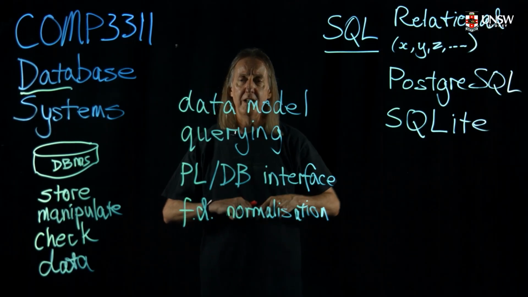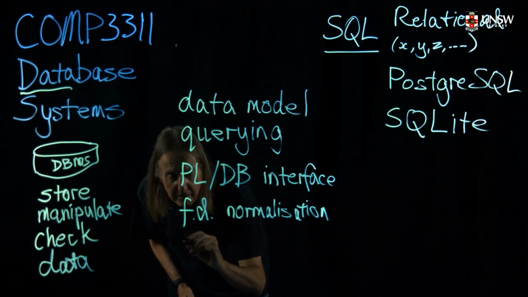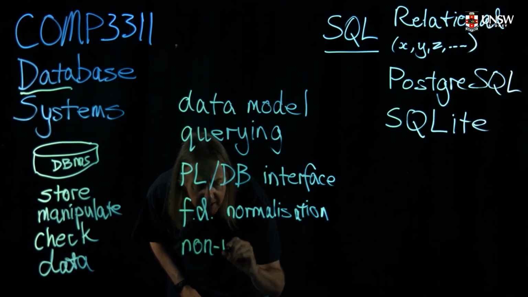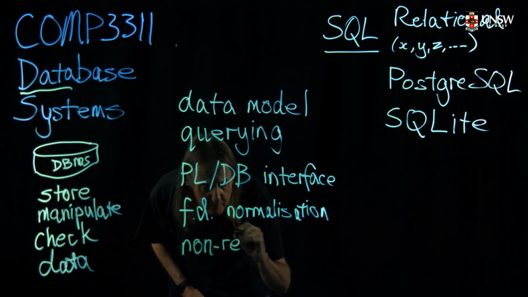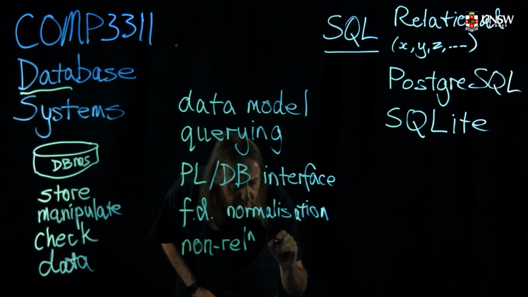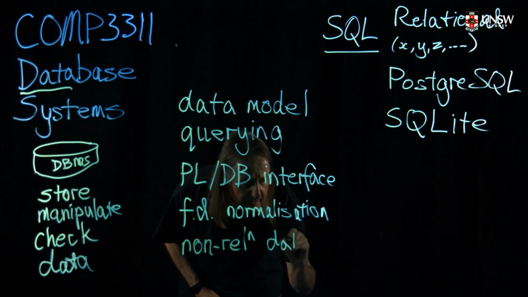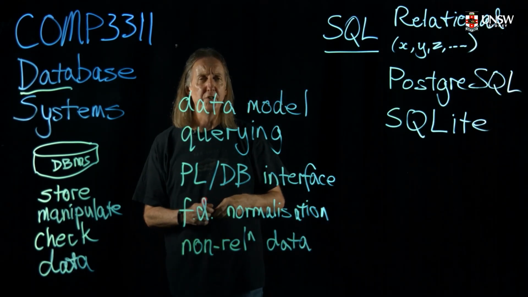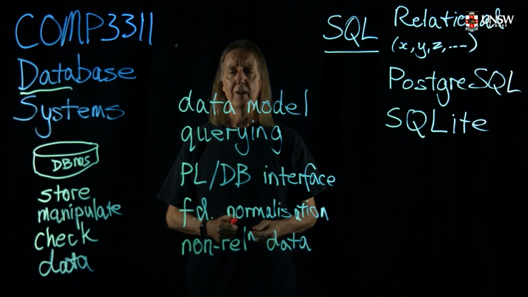There are some contexts where it doesn't work that well, and that's one final thing that we'll take a look at right towards the end of the course, if we have time, is non-relational data. So nowadays there's a lot of work done using data that's essentially graph structured.